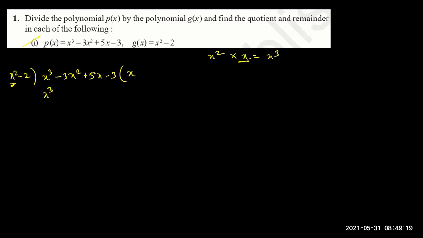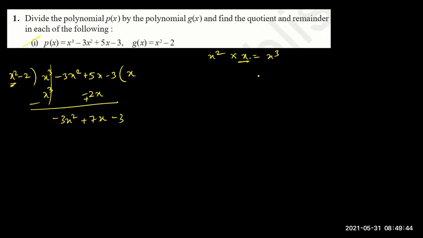Then x into minus 2 is minus 2x. You write it below the like term. The sign will change, minus becomes plus, then this is cancelled. So minus 3x square as it is, 5x plus 2x is 7x. Then afterwards, minus 3 will take down.